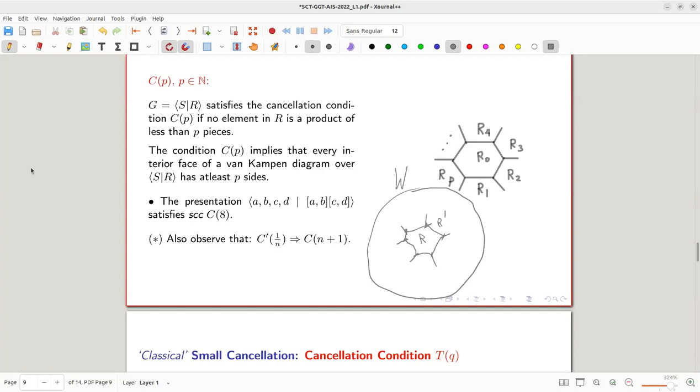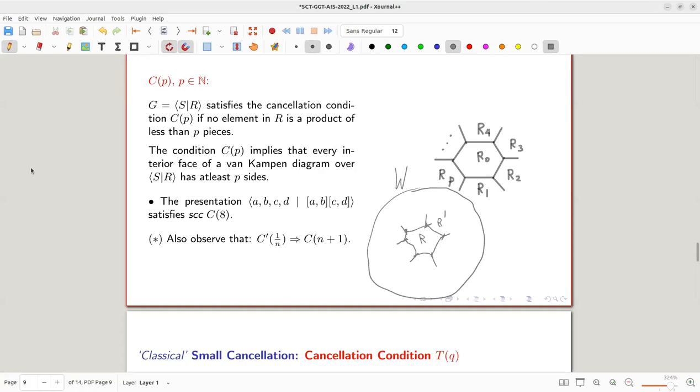So we essentially border along subwords, and if we border with some other relator, we are bordering along a common subword. So this side of this face R is a common subword and is a piece. Now you see that if you satisfy the condition CP, what does it say? It says that no element in R is a product of less than p pieces.